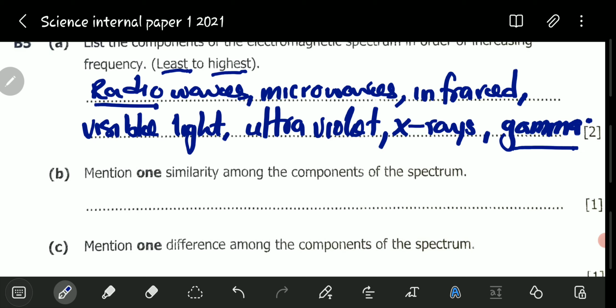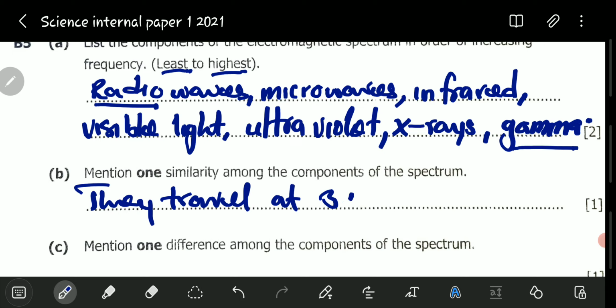So we can pick one. They are transverse waves. They travel at the speed of 3 times 10 to the power 8 meters per second in vacuum. They undergo reflection, refraction, diffraction, and so on. Just choose one. So I'll pick: they travel at 3 times 10 to the power 8 meters per second in vacuum.